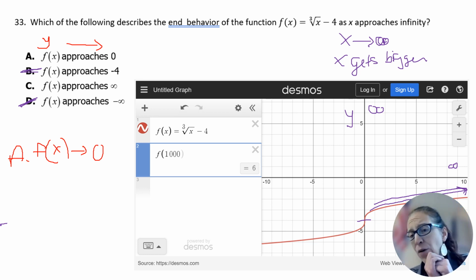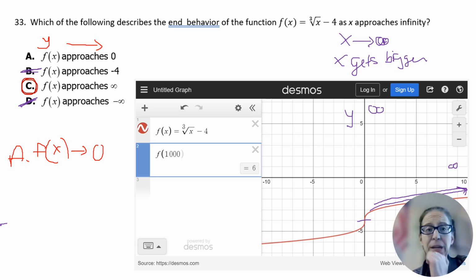Notice that it is now bigger than 0. And so that helps us rule out the answer choice A. It's not getting closer and closer to 0 because it just passed the 0. So, if I wanted to try 1,000, okay, now we're all the way up to y equals 6. So it looks like our y value is going to get bigger and bigger and bigger, which means it's got to be approaching infinity, not the 0.